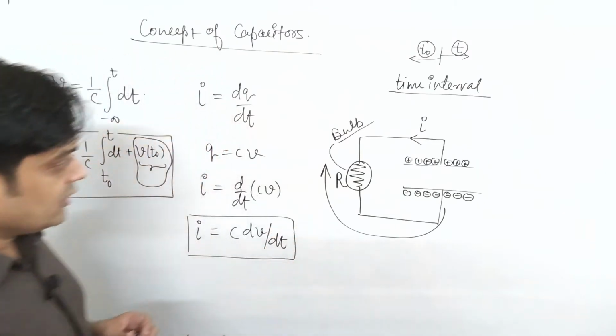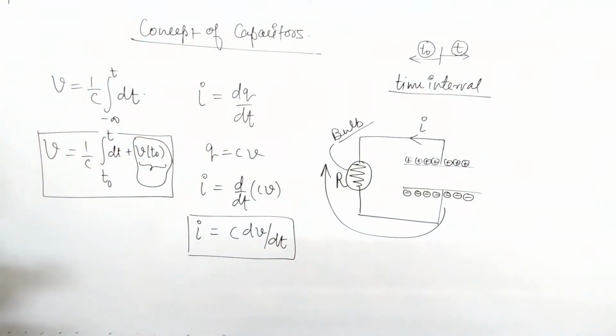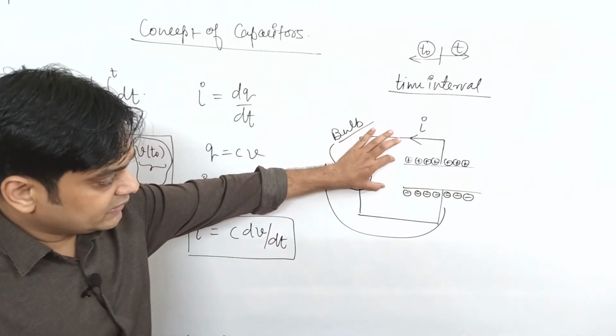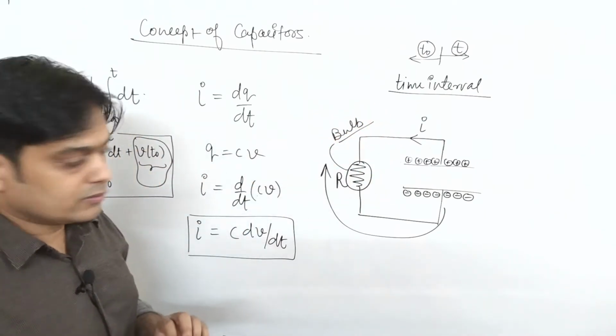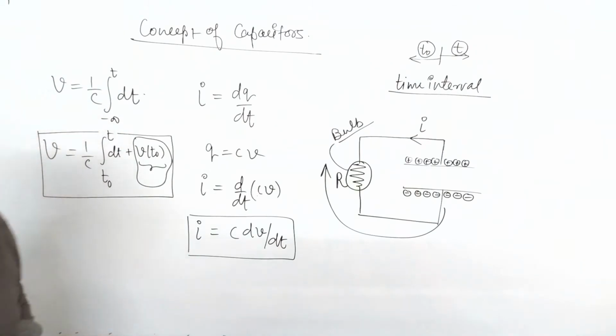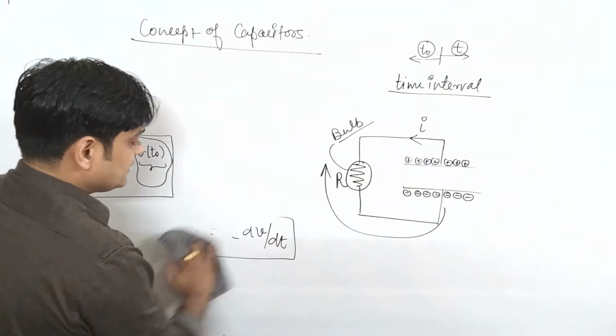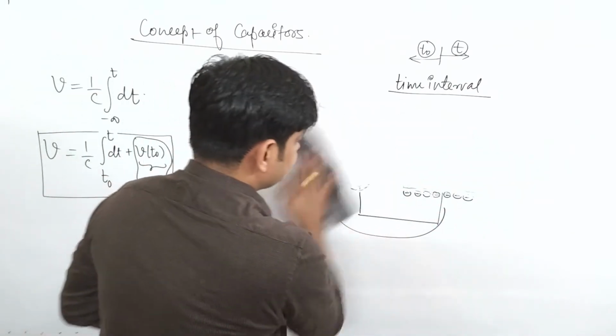But now a question comes to your mind: is this an ideal capacitor or a practical capacitor? So another term that comes here is ideal or practical capacitor. We will see that also.